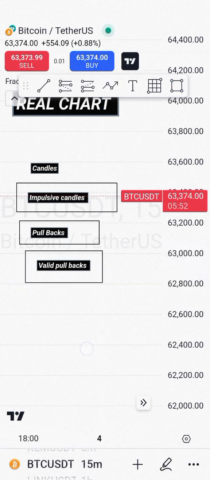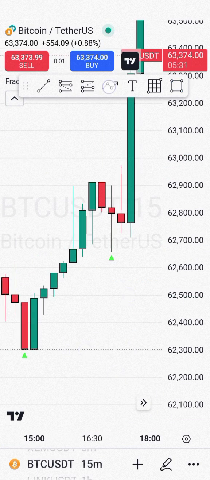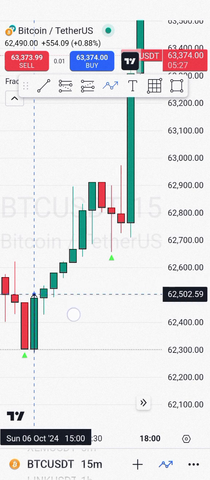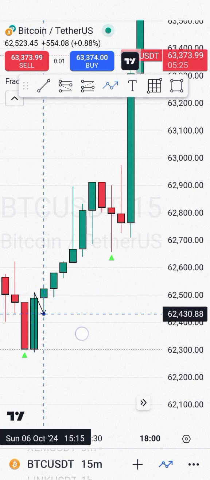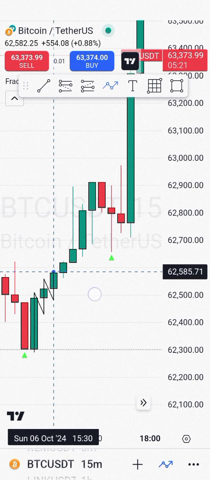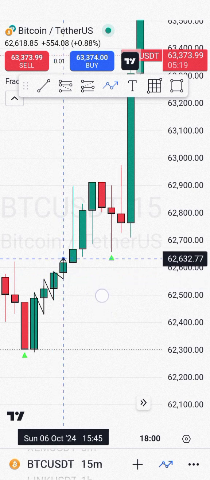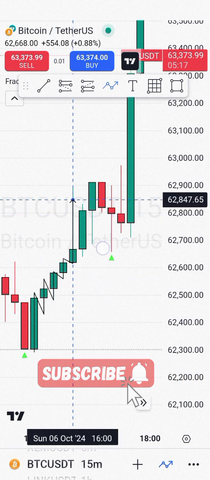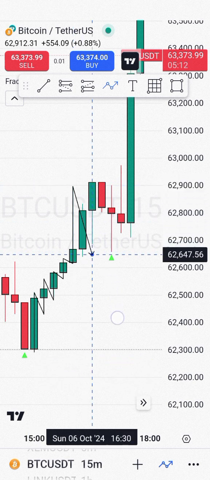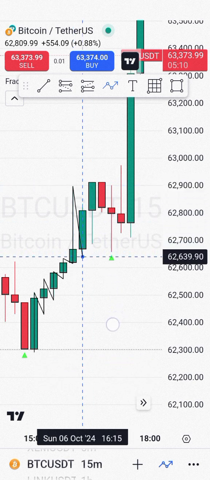Okay, so the next is valid pullbacks. So what are valid pullbacks? When we have candles going higher like this, you can see that the next candle is always going higher than the previous candle.